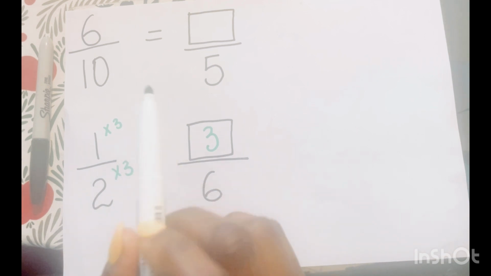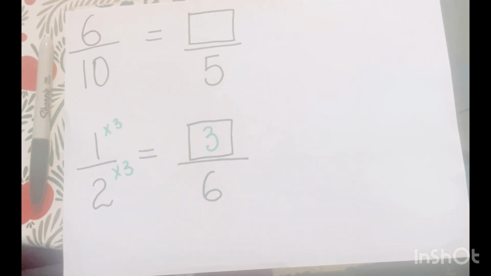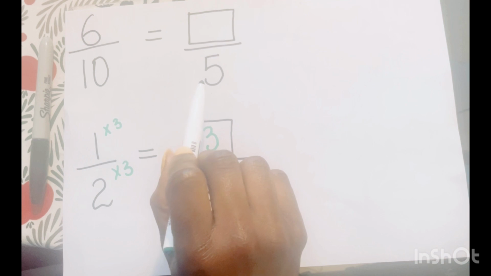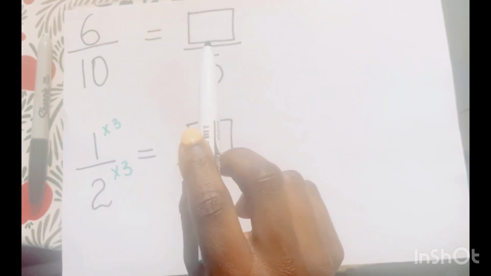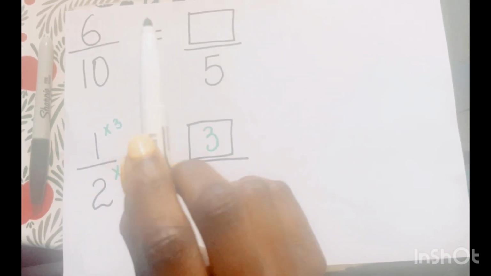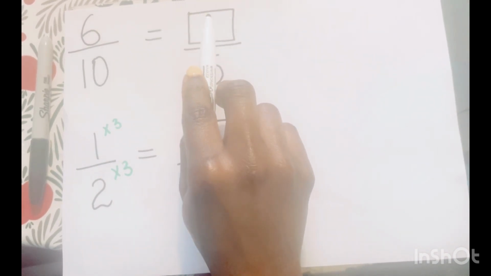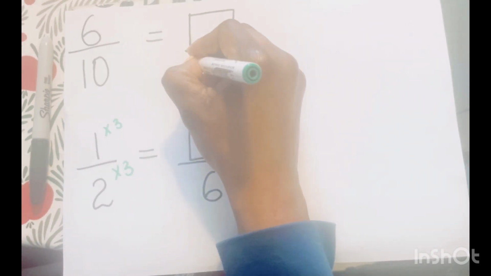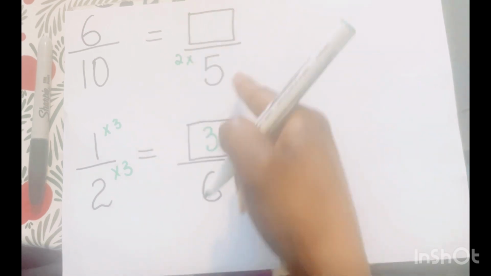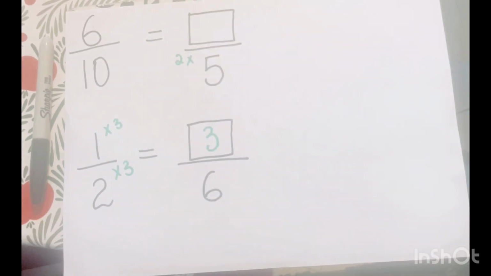We multiplied 5 by 2, and that gave us 10. Now we want to find out what number we multiply 2 by to get 6.